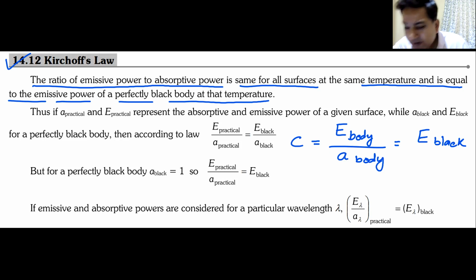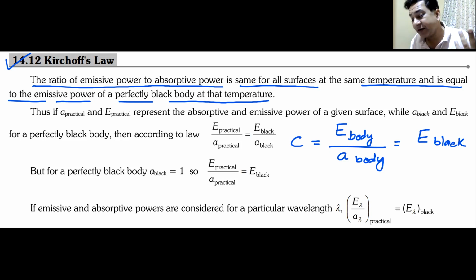You can also divide it by the absorptive power of the black body, but absorptive power of a black body is how much? Perfectly black body. When I say black body, it's a perfectly black body. There is no imperfect black body. Yes, 1. So if I divide E by 1, I still get E. So you don't have to divide it.